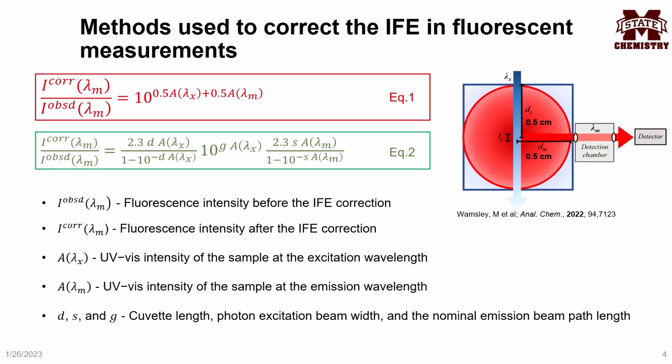This assumption, however, is problematic due to the imperfections in the optics and optical alignment. The correction parameters D, S, and G in equation 2 are the cuvette length, photon excitation beam width, and the nominal emission beam path length.